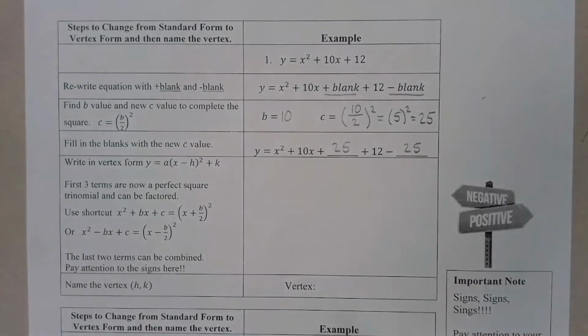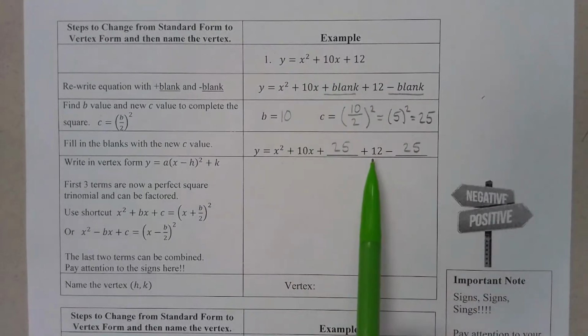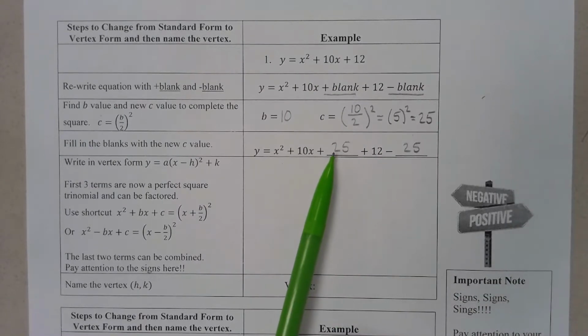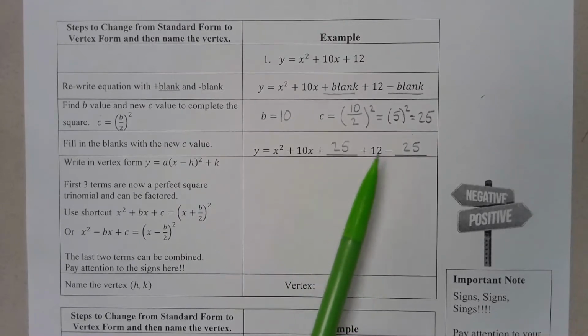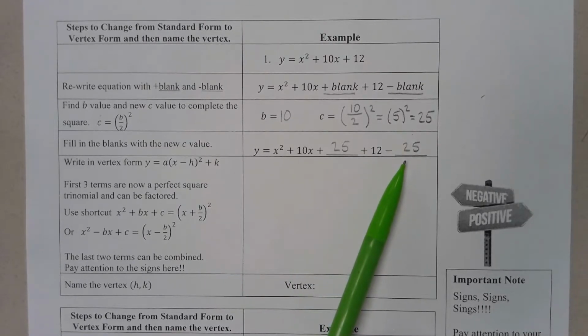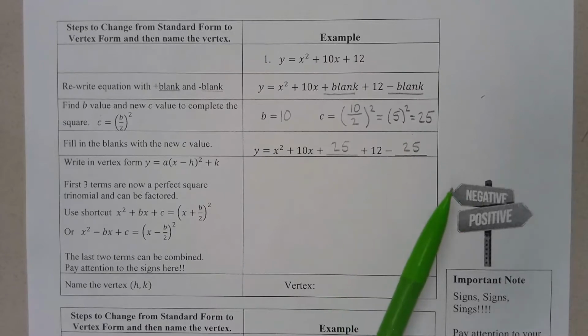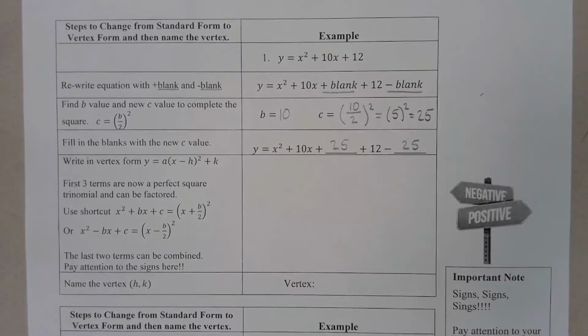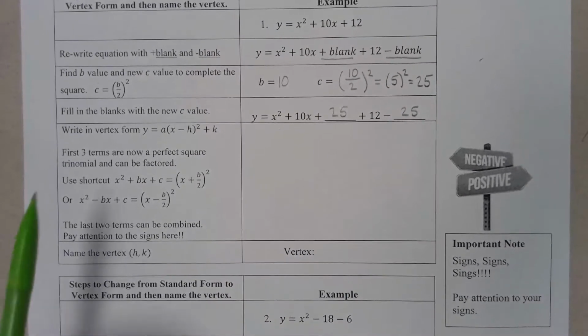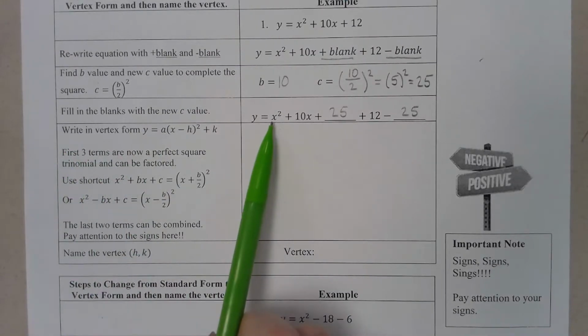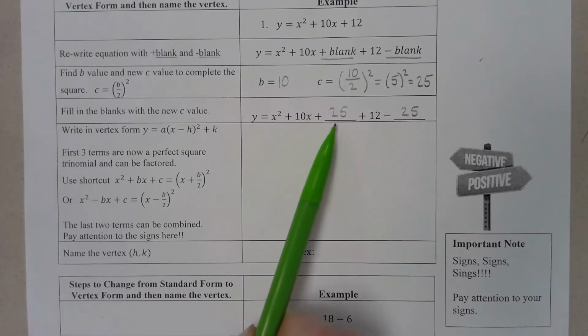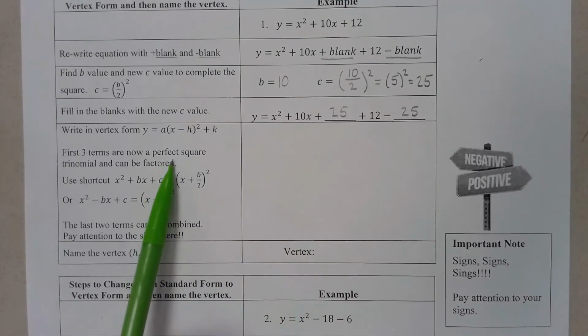So again, we've taken our original problem, we moved our C value out of the way, just scooted it over so we could have a plus a blank and a minus a blank. Make sure you have a plus and a minus or else it will not be set up correctly. So our next step, we need to write it in vertex form. The first three terms, this x squared, 10x, and 25, they are now a perfect square trinomial and they can be factored.